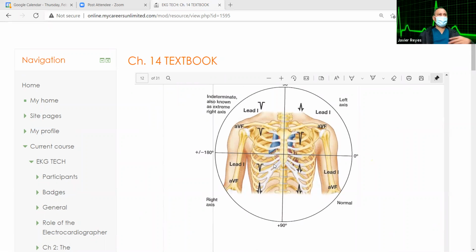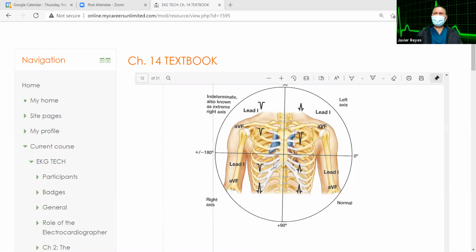If you see a positive lead one and a negative deflection in aVF, that means there is what they call left axis deviation. Remember that aVF looks at the heart from the inferior wall, from the bottom part.